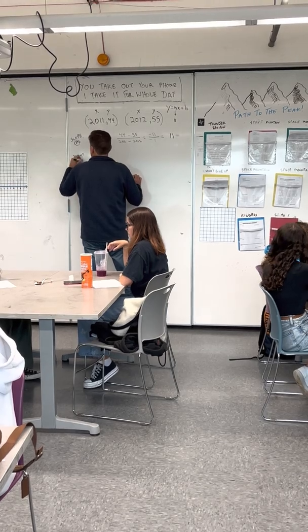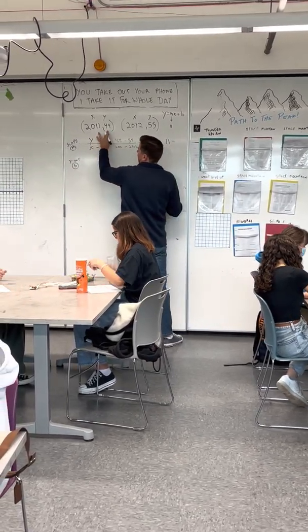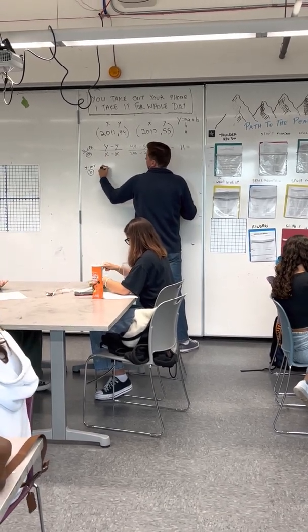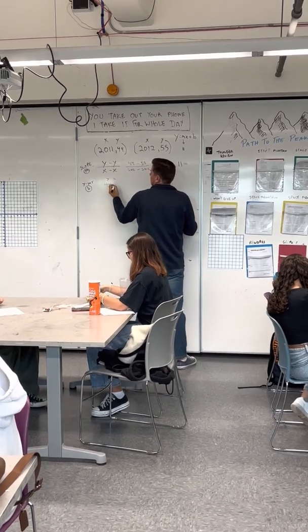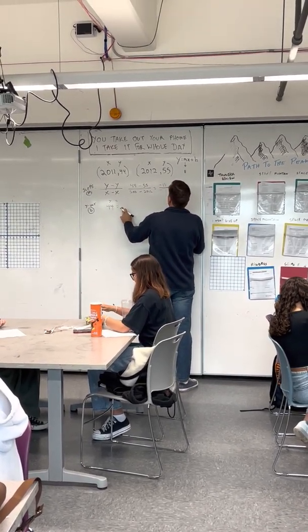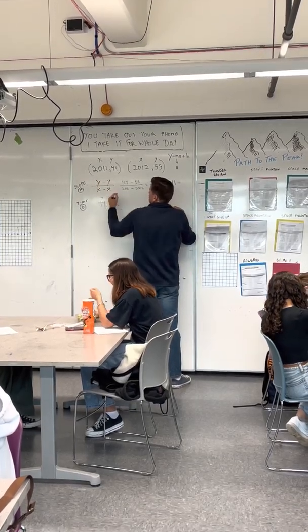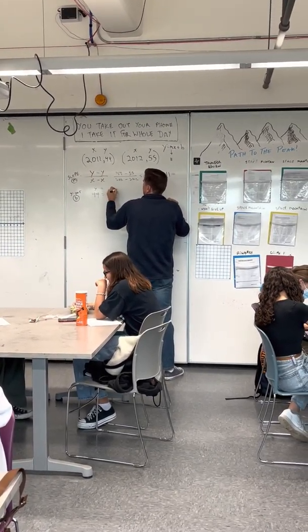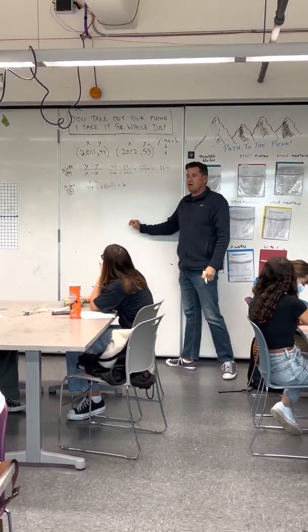So in order to do that, I take the y, 44, and it's y equals m, 11, times x, which is 2011, plus b. Now I can solve that.